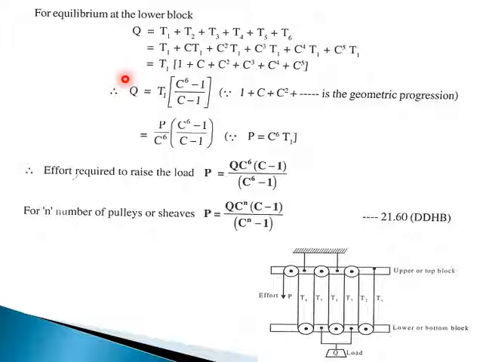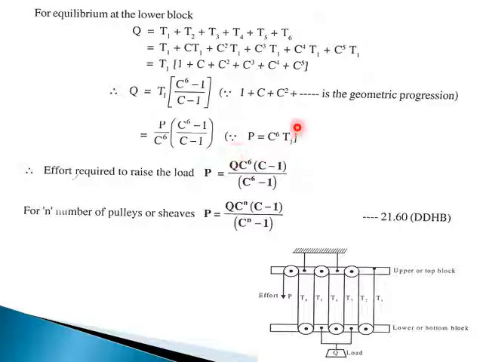So this is how you can write the equilibrium Q at the lower block. Since P is equal to C to the power 6 into T1, you can rewrite T1 is equal to P by C to the power 6, so Q is equal to P by C to the power 6 into C to the power 6 minus 1 divided by C minus 1.